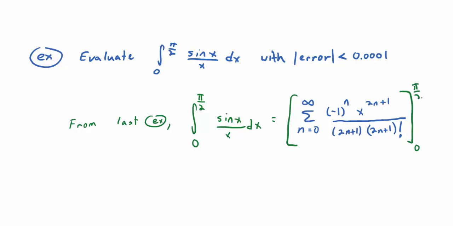Would you agree with that statement? So in other words, I saved myself some work here because I found the antiderivative, which is that sum, in the previous problem. If I hadn't done that, you'd have to go through part A of the previous problem again. Okay, now when I plug in pi over 2, what does that sum become?